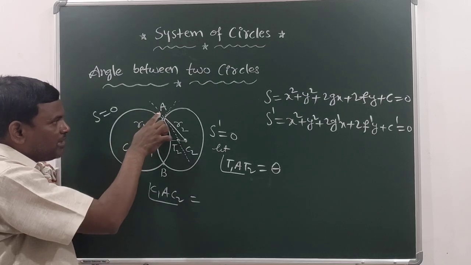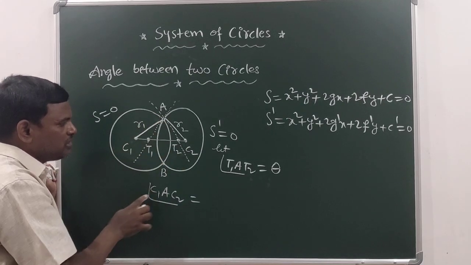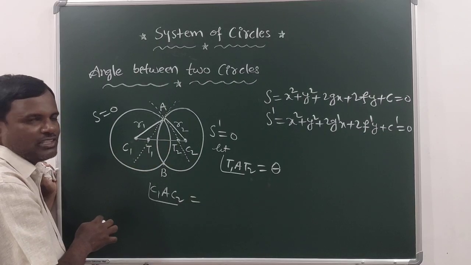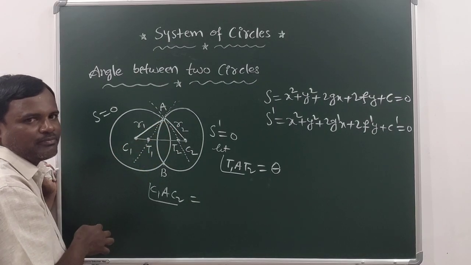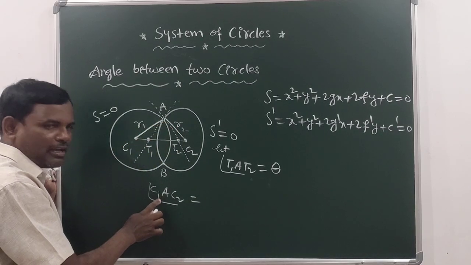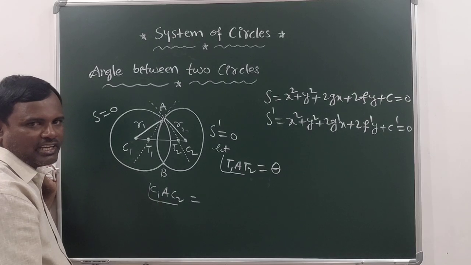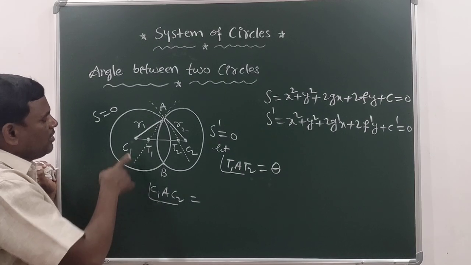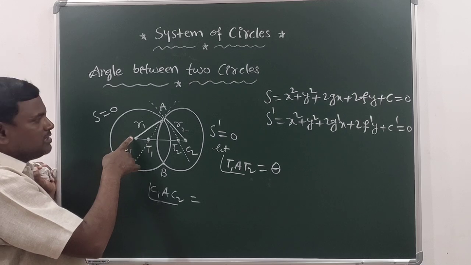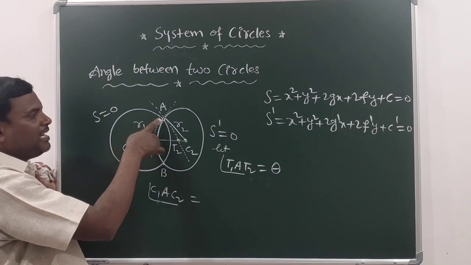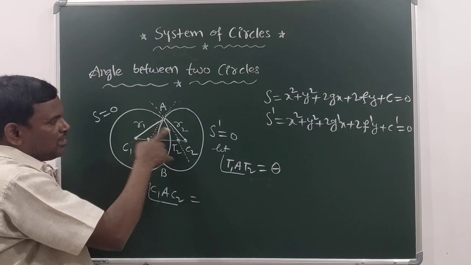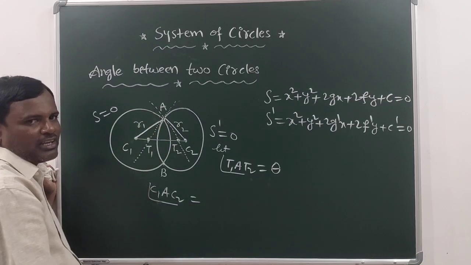But here one triangle A C1 C2 is formed. So in this triangle A C1 C2, this is the vertical angle, and this vertical angle I am measuring here. See how I am measuring. You know students, this radius makes 90 degrees to this tangent at its point of contact.